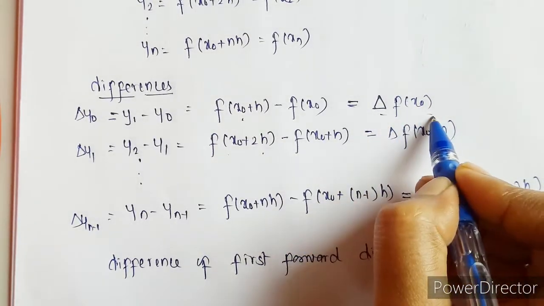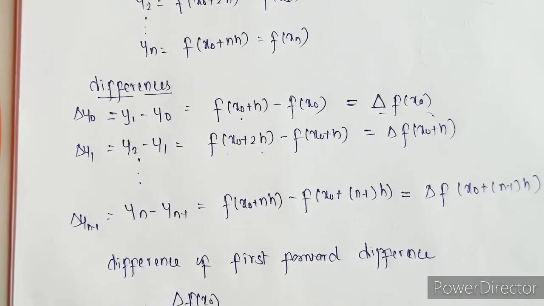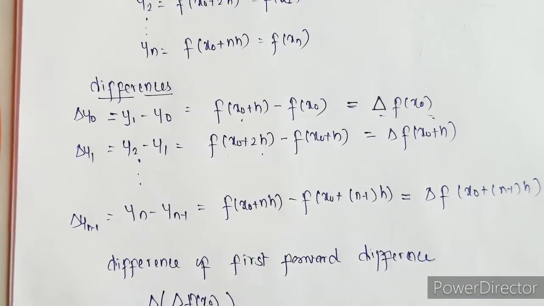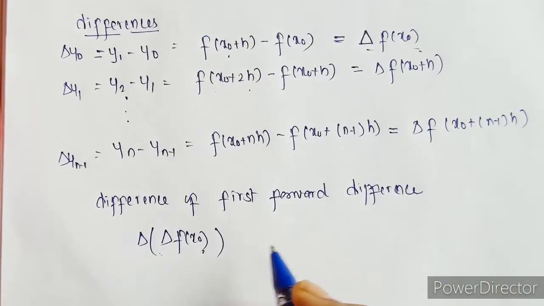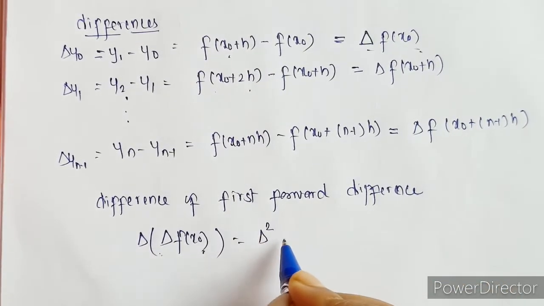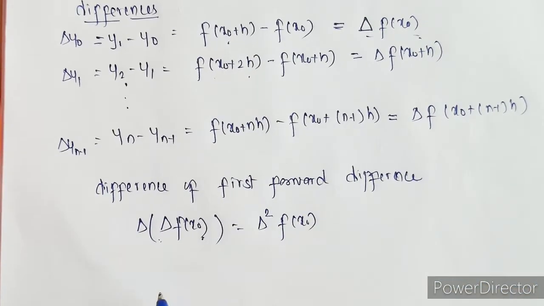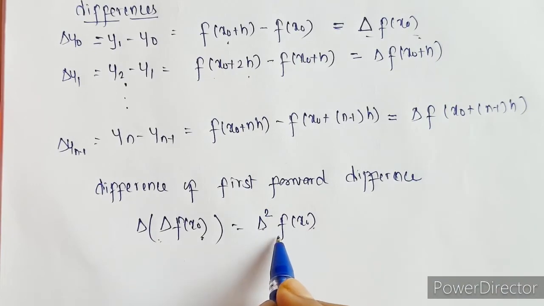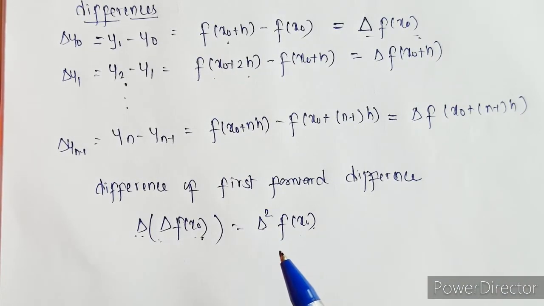This is your first forward difference, delta f of x naught, and we are taking difference of this, which can be written as delta square of f of x naught. So basically delta square of f of x naught is nothing but difference of first forward difference.